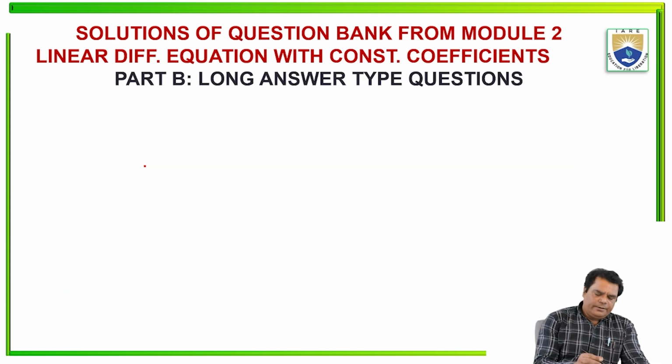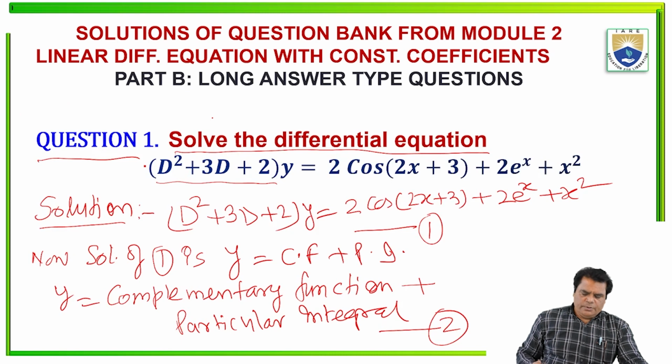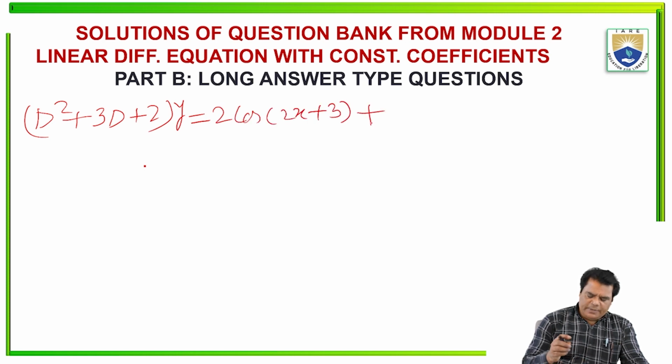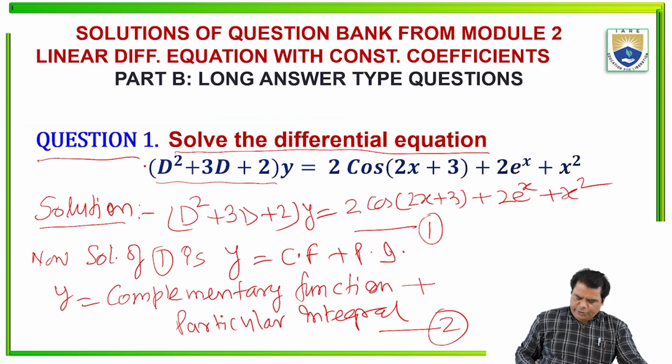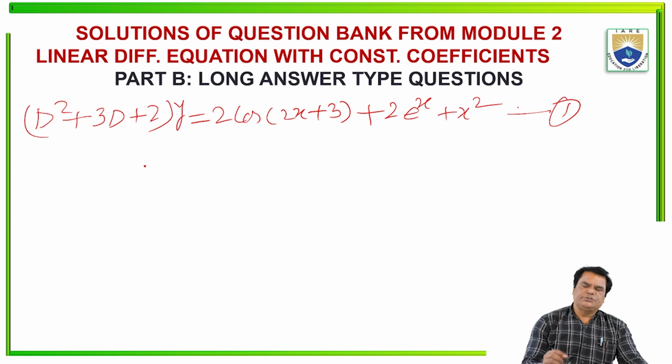So now here (D squared plus 3D plus 2) y is equal to 2 cos(2x plus 3) plus 2e to the power x plus x squared. This is equation 1.